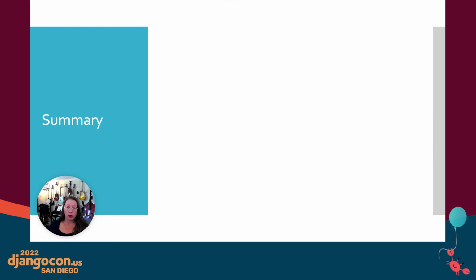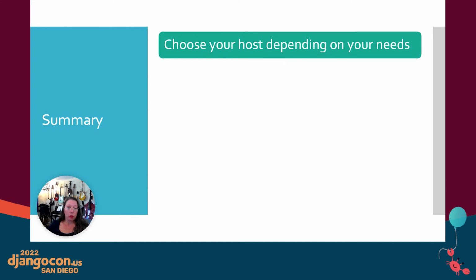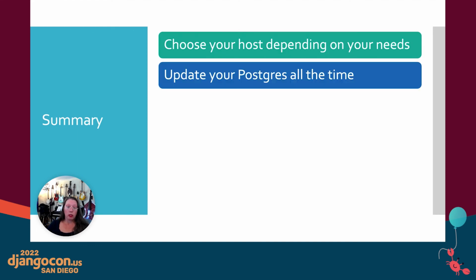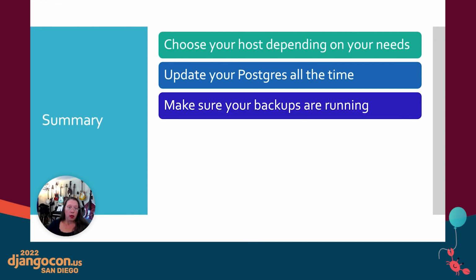Okay, well, we're getting to the end. So just a quick summary of some of the things I want you to walk away with. Choose your host depending on your needs, if you're wanting to be self-managed or fully managed. Update your Postgres as often as you can. Make sure that your backups are running and you know how to restore things.